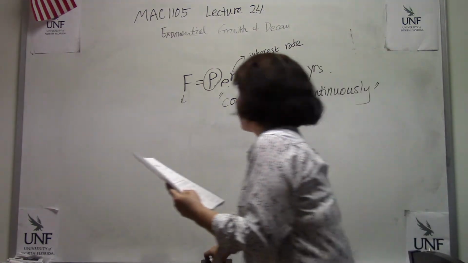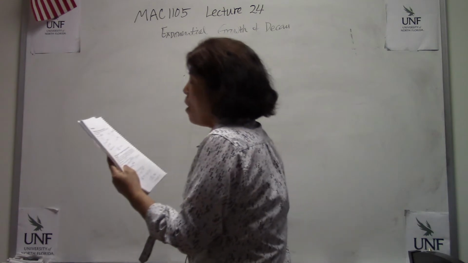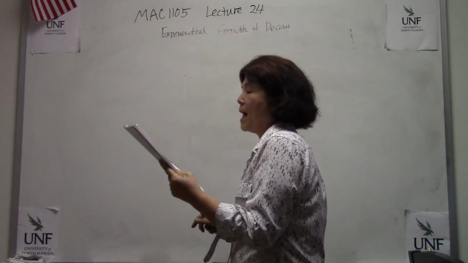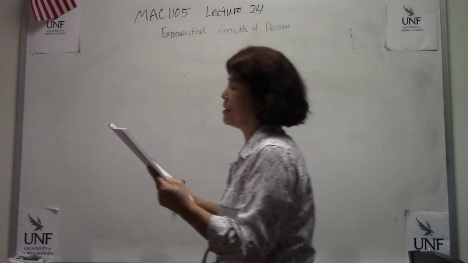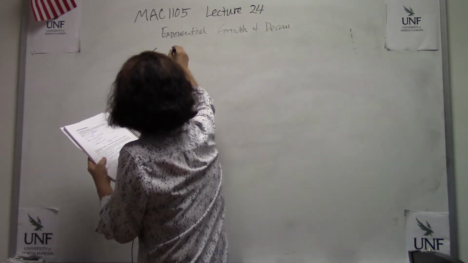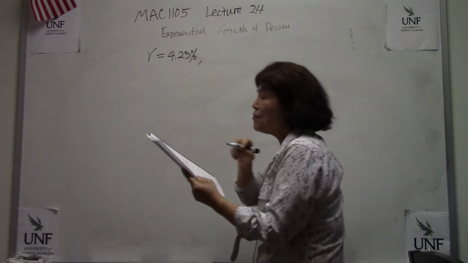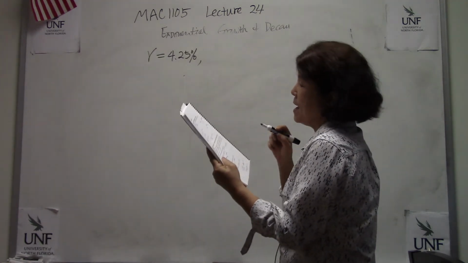Okay, so example 4, what do we have? How long will it take for the money in an account that accrues interest at a rate of 4.25%, meaning R equals 4.25%, compounded continuously? You see the words, okay? To double.